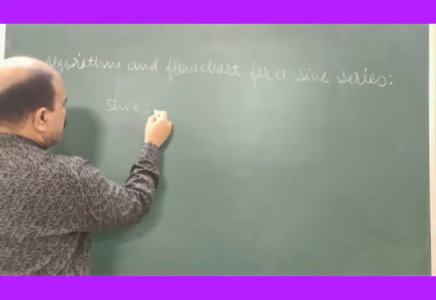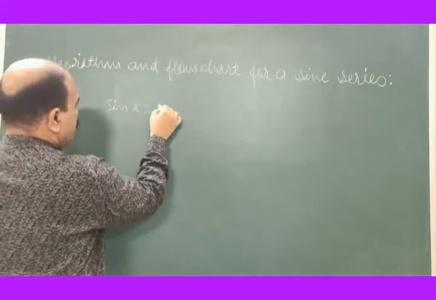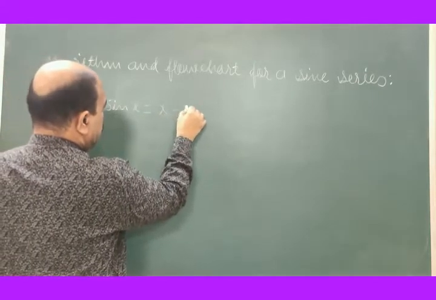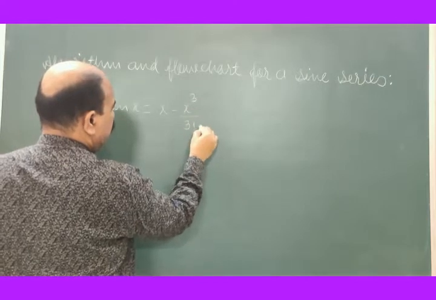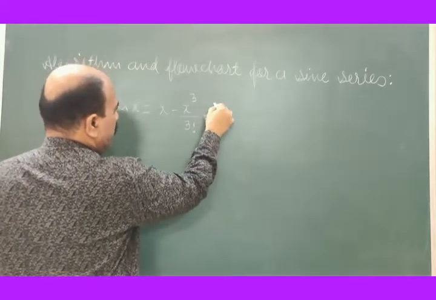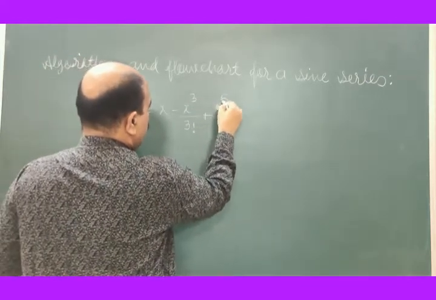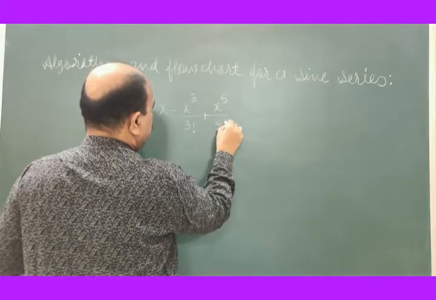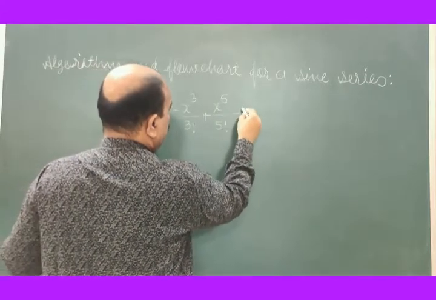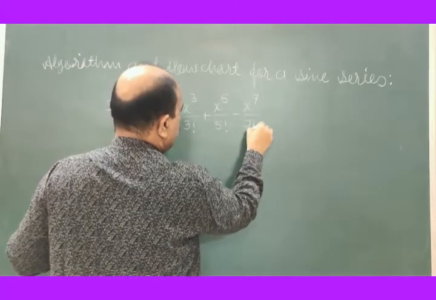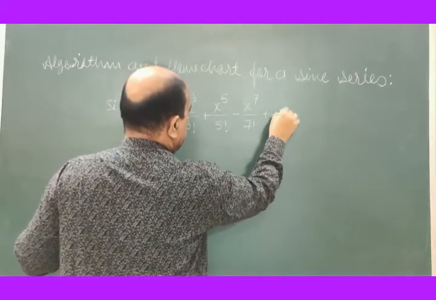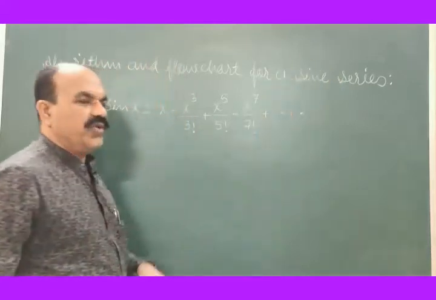Sine x is equal to x minus x cube divided by 3 factorial plus x to the power 5 divided by 5 factorial minus x to the power 7 divided by 7 factorial and so on.